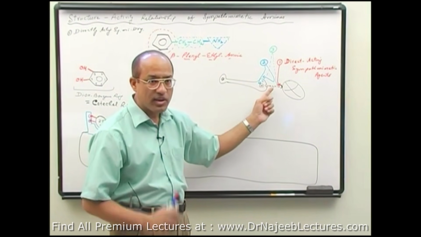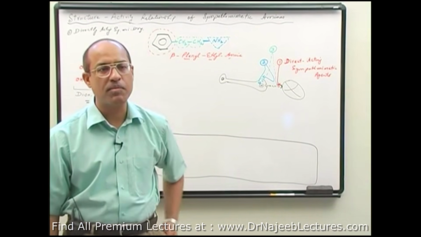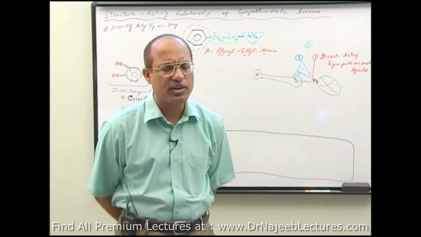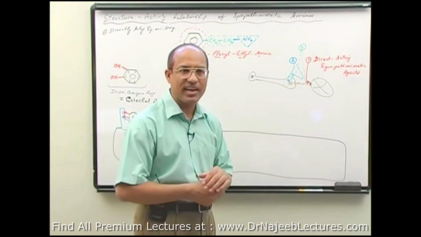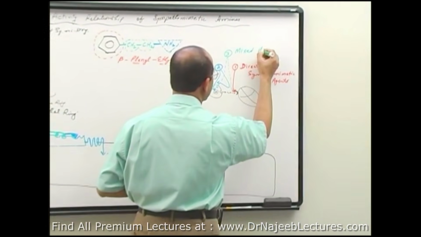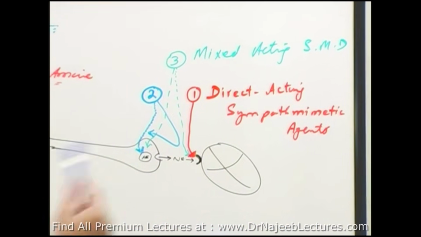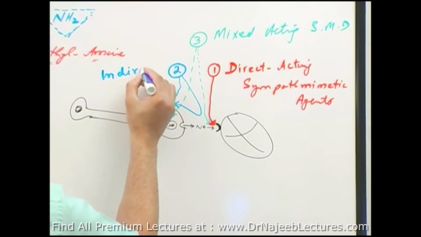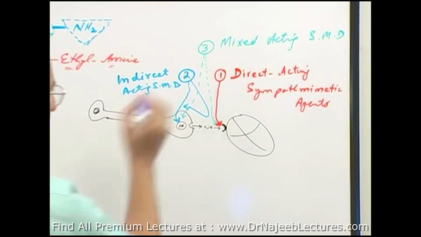So they produce direct sympathomimetic activity as well as endogenous release of catecholamine. They act as indirectly acting sympathomimetics as well. Such drugs are called mixed acting sympathomimetic drugs. And here, the drug works mainly at the nerve ending and not on the receptor. This is called indirect acting sympathomimetic drugs. Am I clear?